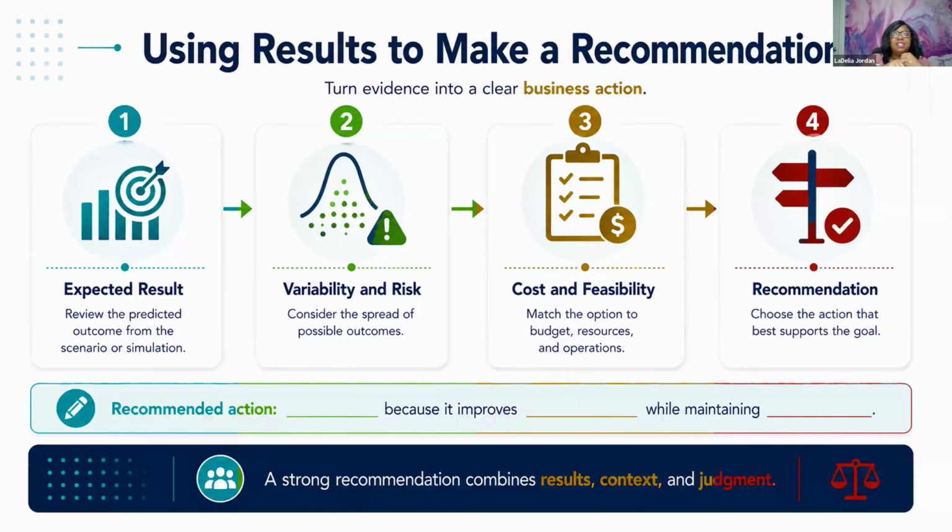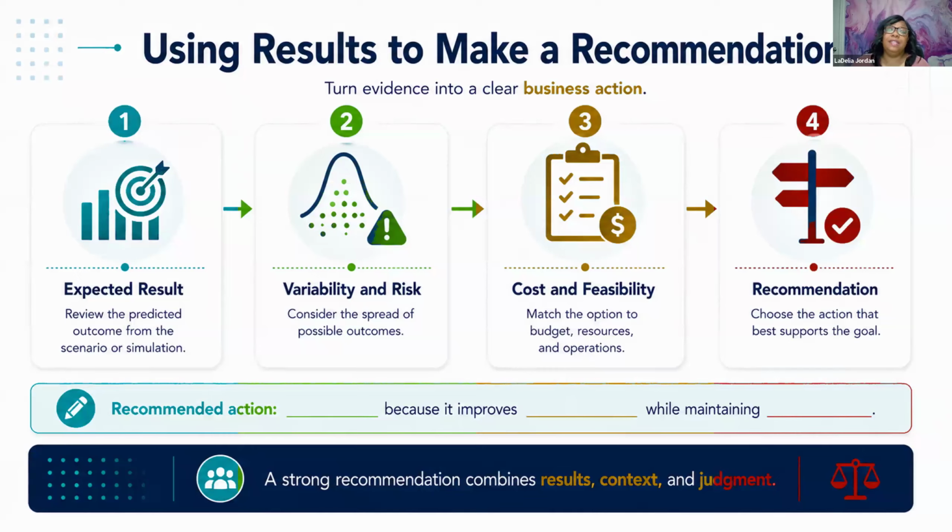Include the simulation evidence by describing the average result and the amount of variation. Finally, state any important assumptions or limitations. The recommendation should answer the business question directly. The audience should understand which option you selected, why you selected it, and what uncertainty still surrounds your estimate.